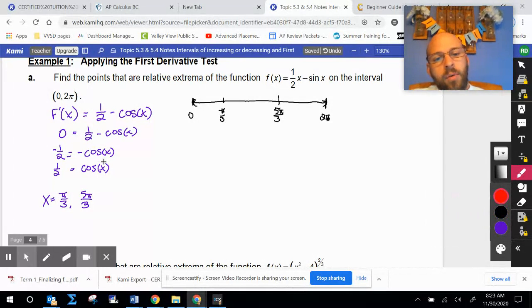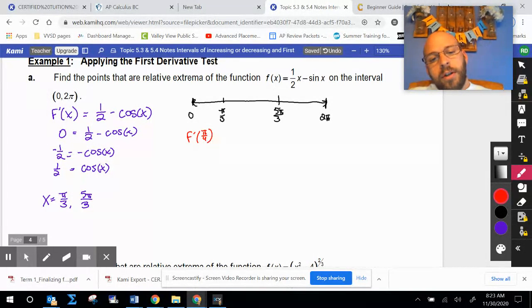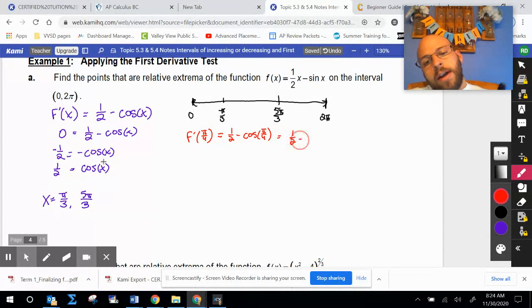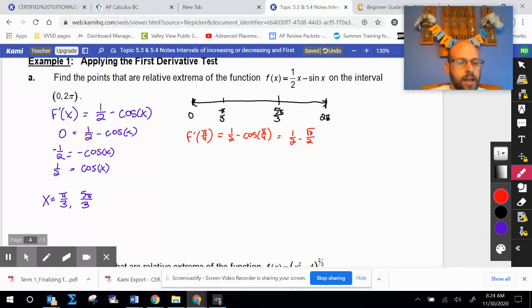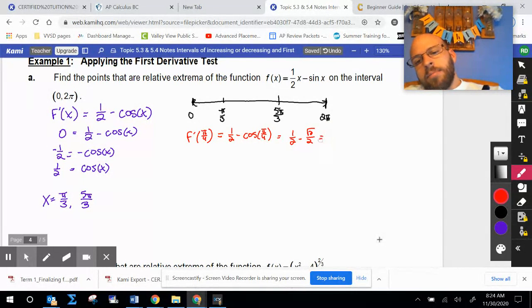So if I want f prime of, let's say, pi over 4, between 0 and pi over 3, that would be 1/2 minus cosine of pi over 4, which would be 1/2 minus square root 2 over 2. Now, I need my calculator a little bit, but I'm pretty sure this will end up being negative.